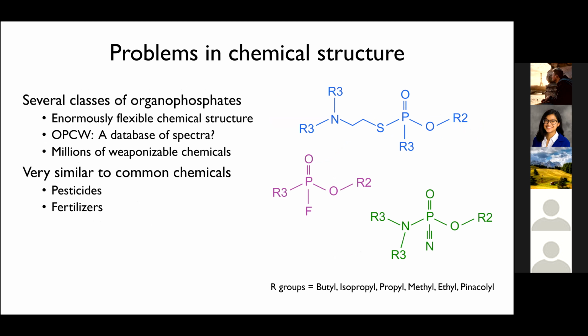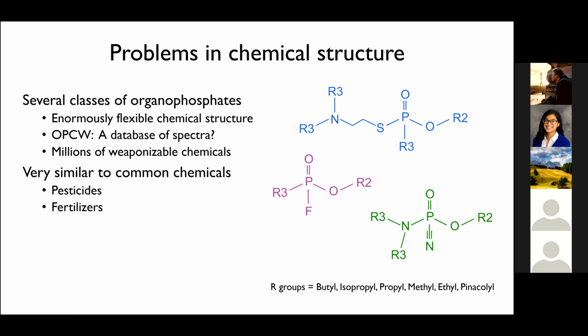And this problem is really a problem of chemical structure, because these organophosphates have enormous flexibility. There are millions of different organophosphates that you could create. That wasn't first realized by the OPCW. They started out just making a database of each individual chemical, thinking that if they could collect the spectra on all these, we'd have a way to diagnose them.